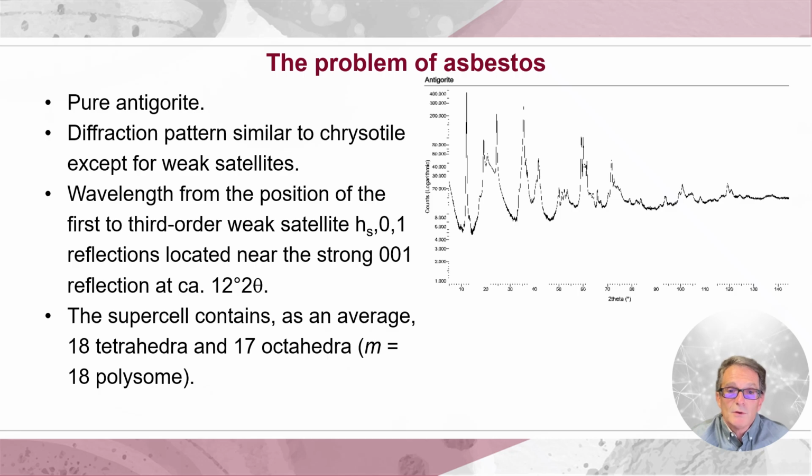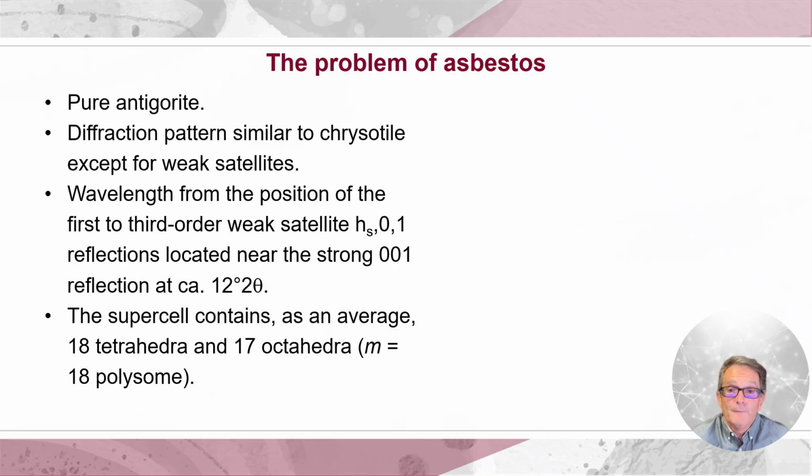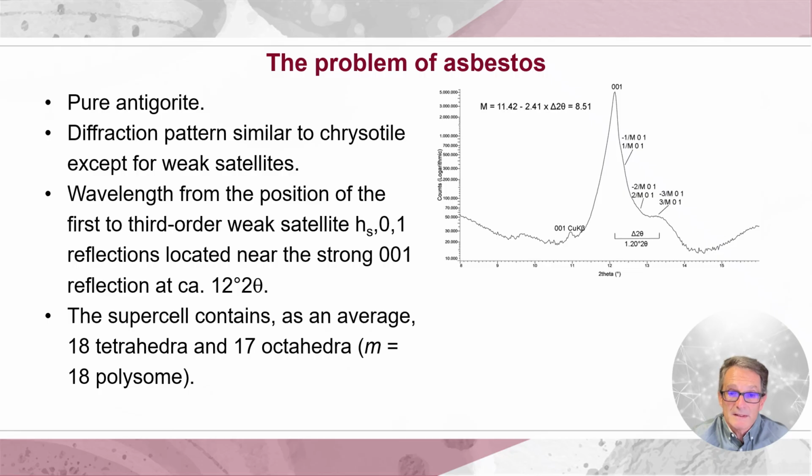The modulation wavelength was determined from the position of the first to third order weak satellite reflections located near the intense 001 reflection at approximately 12 degrees 2 theta. The resulting supercell comprises on average 18 tetrahedra and 17 octahedra, corresponding to the so-called m=17 polysome.